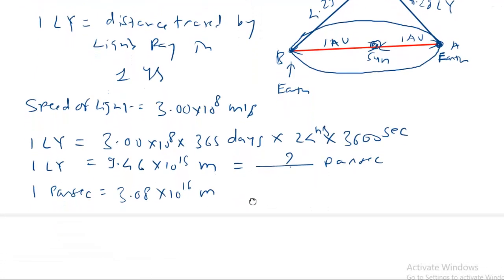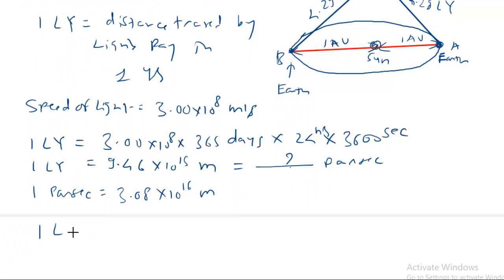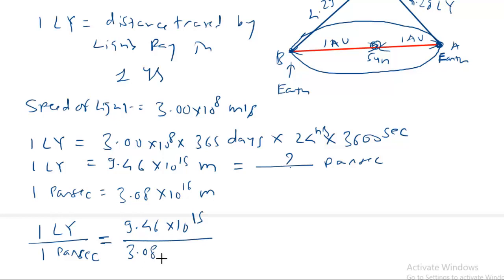for that we will compare 1 light year with 1 parsec, and we will try to get the ratio of 1 light year and 1 parsec. So 1 light year is 9.46 into 10 raised to the power 15, and 1 parsec is 3.08 into 10 raised to the power 16.